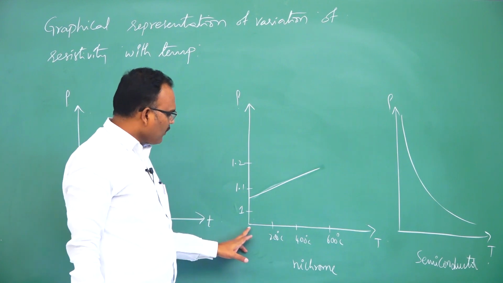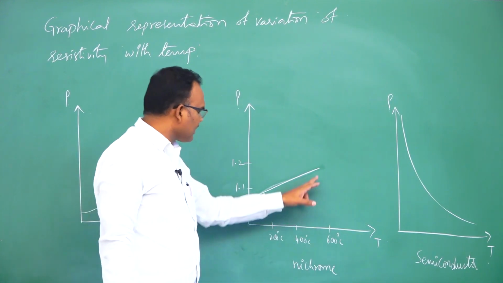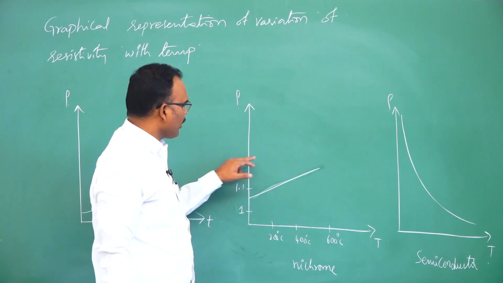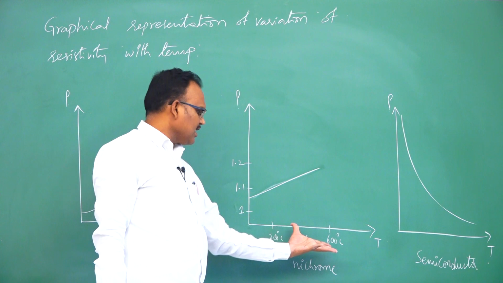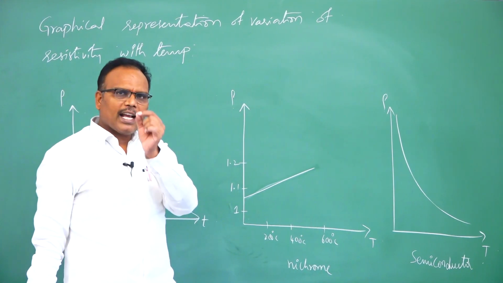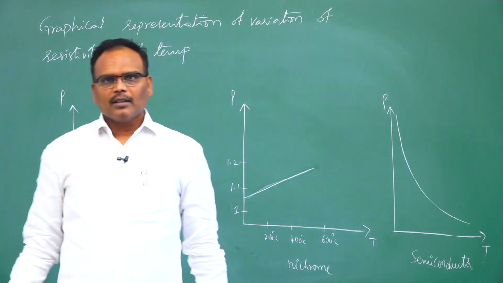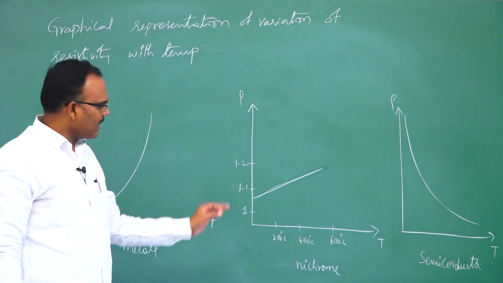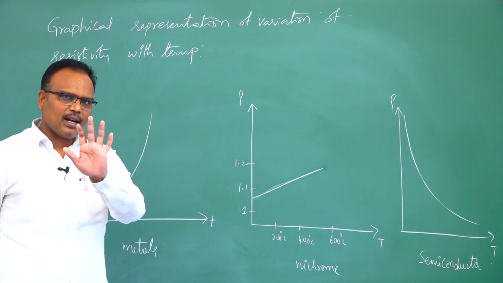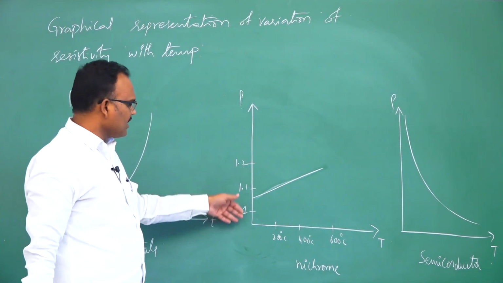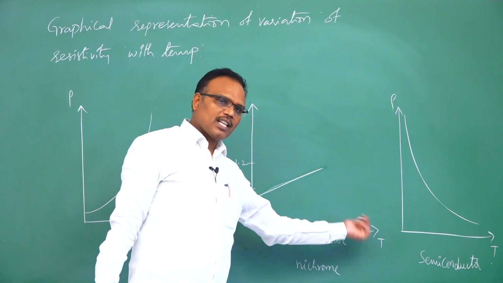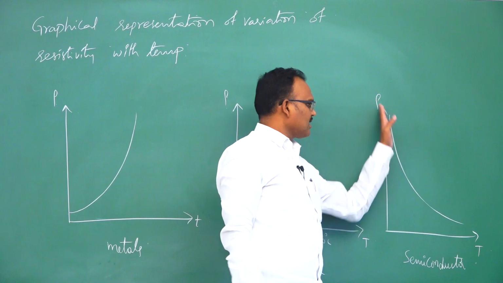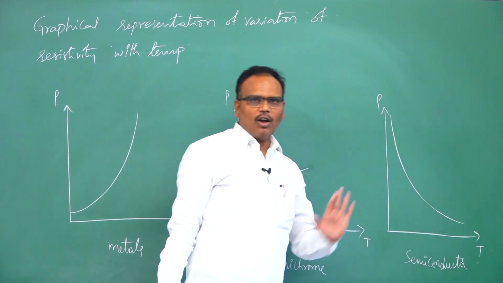A large change in temperature leads to a small, negligible change in resistivity. So that's why the temperature coefficient of that particular alloy is almost 0. In case of semiconductors, if temperature increases, resistivity decreases, resistance also decreases.